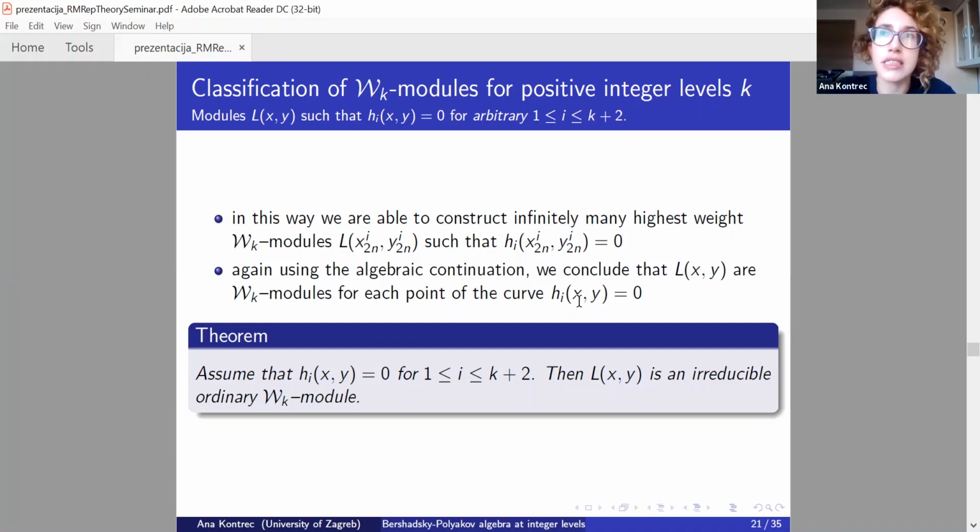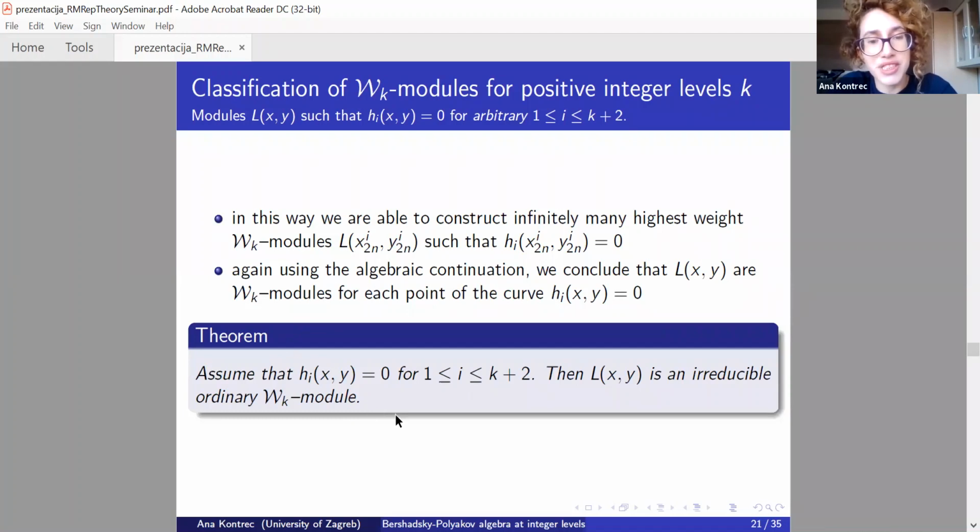But again, we use the same idea as before. We use the property of the W algebra: we have finitely many polynomials which have infinitely many zeros, and then they all need to be equal to 0. And this gets us that for each point of the curve hi, Lxy is a WK module.